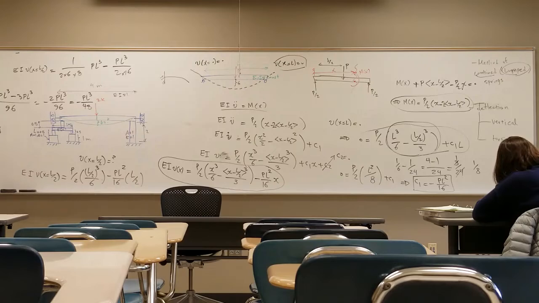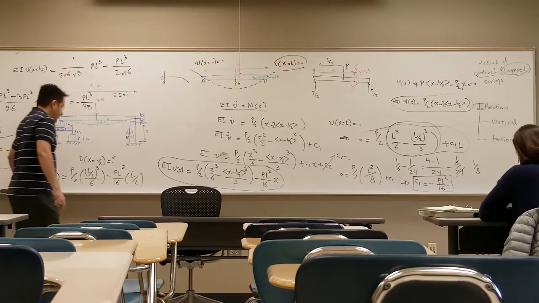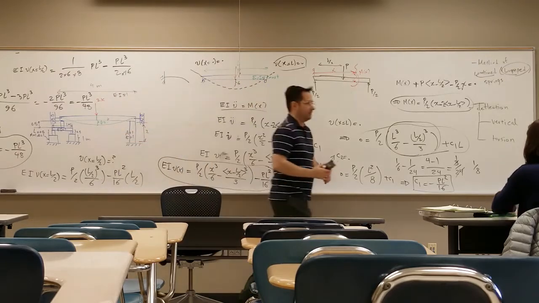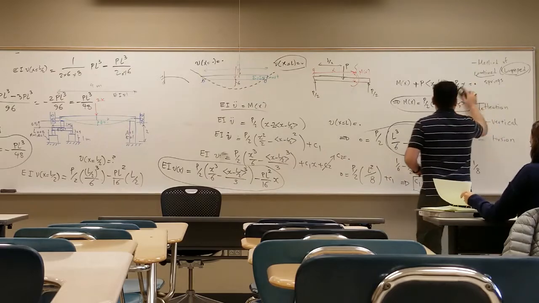So you have EI times the deflection at x equal to L over 2, which is simply our delta, equal to negative PL cubed over 48. So let's put it in a table. Let's make a little table here before we solve the actual problem. So let's make a little table here.